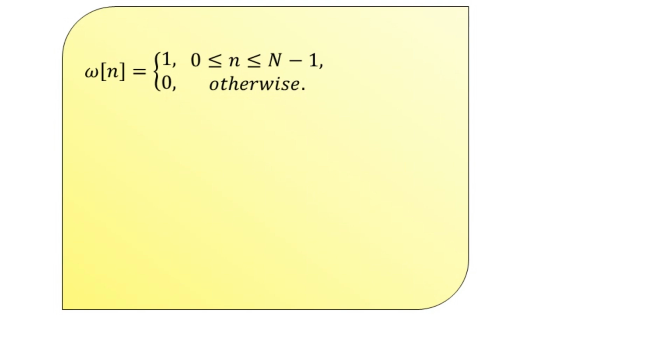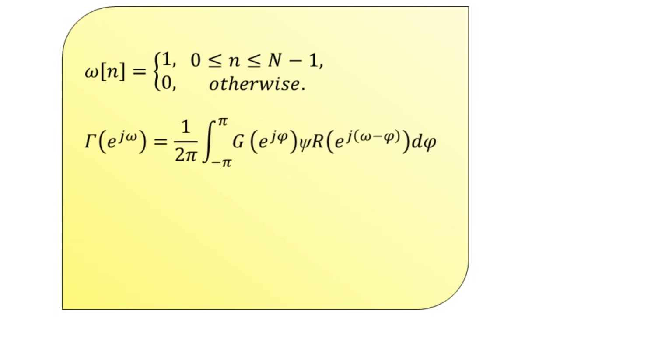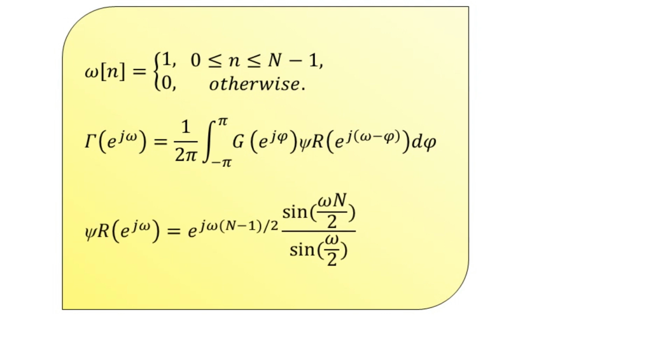So here we have capital gamma of e to the power j omega, that is the Fourier transform of small gamma of n, the last equation that you have seen on the previous slide, that is given by the frequency domain convolution as we have discussed. So here we have psi suffix r of e to the power j omega that we have seen on the RHS of the earlier equation expressed as here.